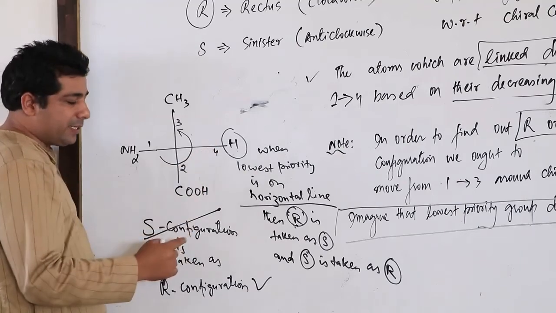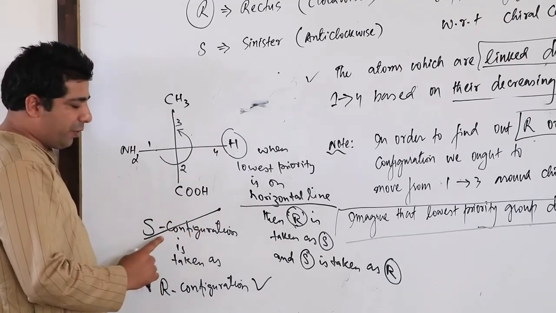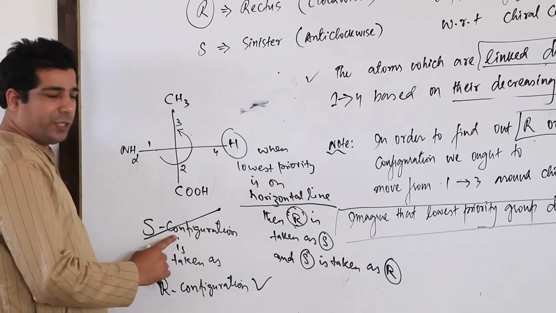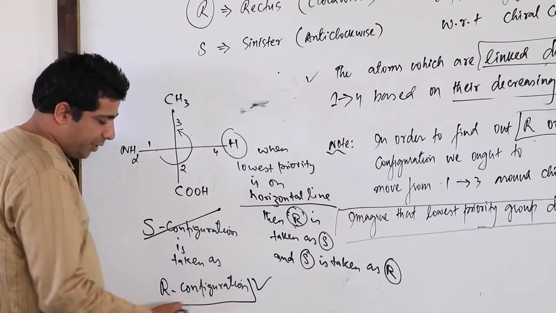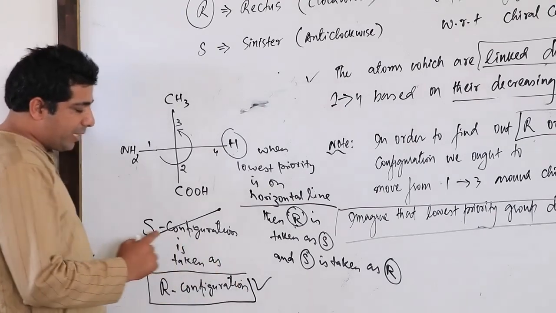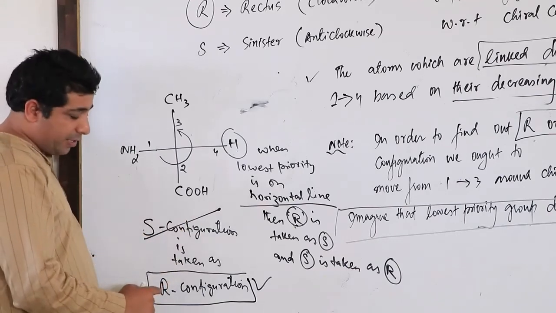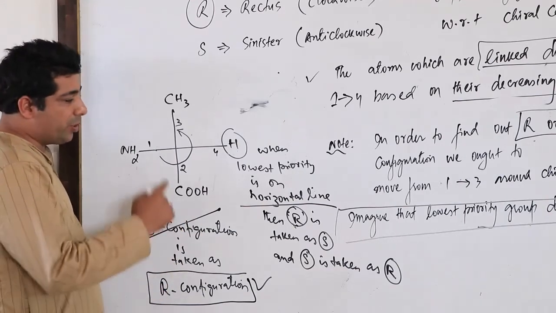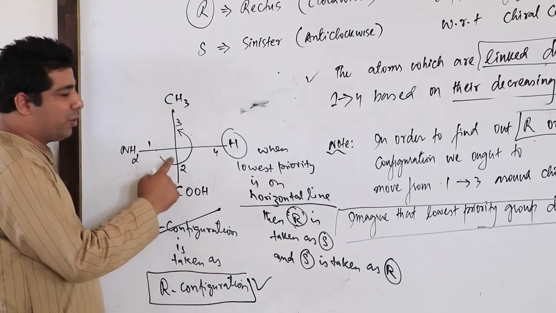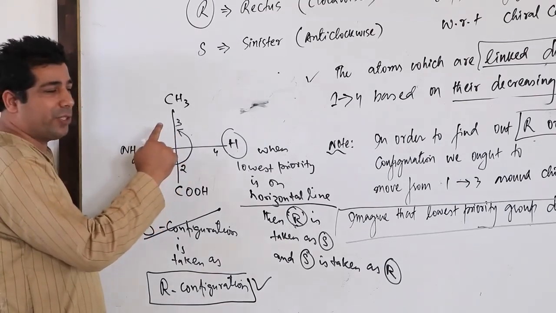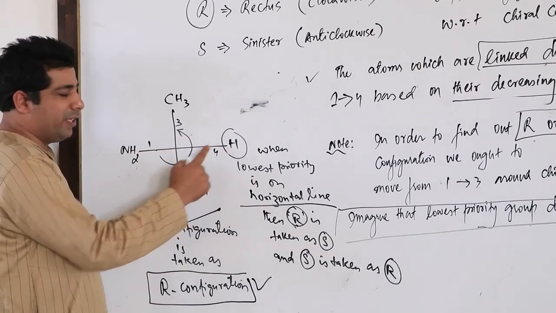The R is taken as S and S is taken as R. Which configuration you got? S configuration. So I will cancel the S configuration. It will be taken as R configuration. If you get here R configuration, then I will cut it and change it into S configuration. So this molecule actually has R configuration. But through arrow you will be getting S configuration. The reason is that lowest priority is on horizontal line, it will change this.